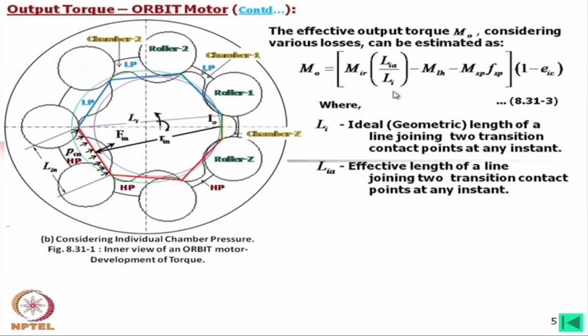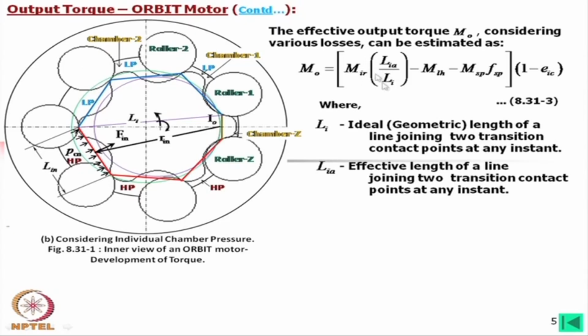Ideal length is what we calculate initially from the contact points without considering any deformation at the contact points. Now, if we consider that there are deformations, then the contact points may shift. If that can be calculated, then we will consider that this will be the deviation of the ideal torque.